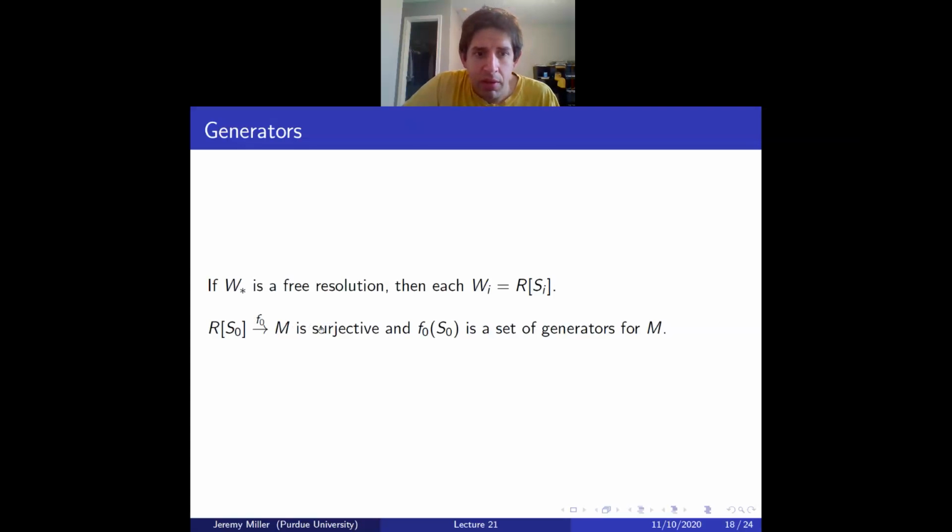That's what exactness means. And so if you look at F0 of S0, that's going to be a set of generators for M. So if you ask how do I build a free resolution, the first question is how do you build W0? And building W0 basically amounts to just picking generators for M.